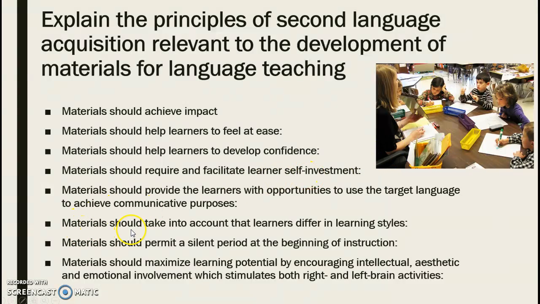The next one is that materials should take into account that learners differ in learning styles, as I told you before. Everyone has different intelligence, as Gardner talks about multiple intelligences. So maybe she has the ability to listen that her partner doesn't.